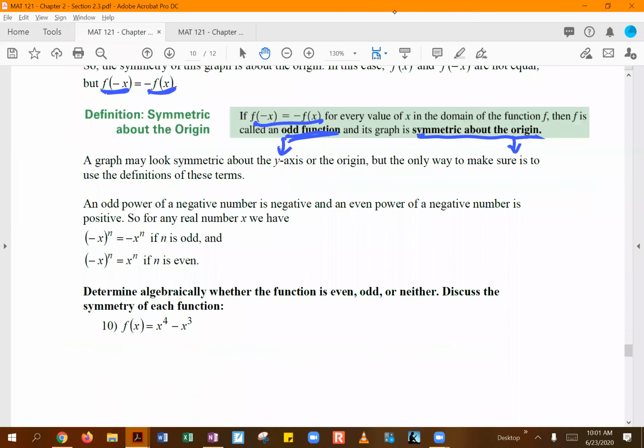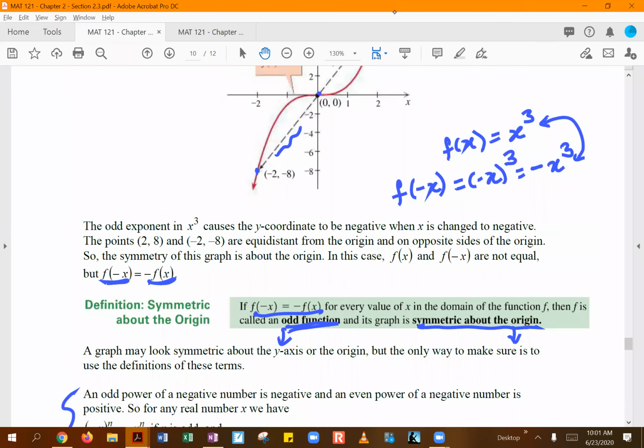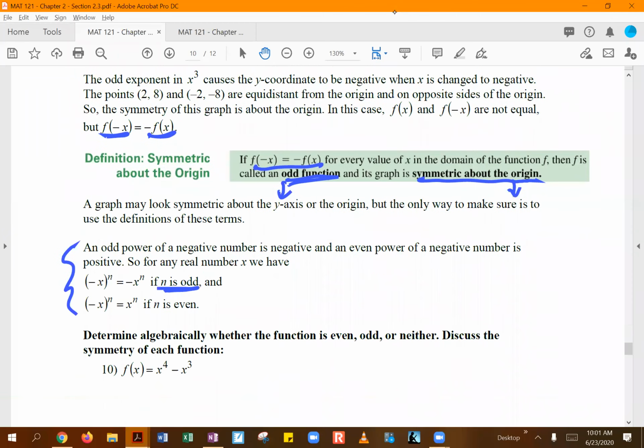Okay? And this little part here is just talking about, if you can remember, anytime your exponent is an odd number, you will always have a negative sign left behind. So if you did, like we did here, negative x to the third power, that 3 is an odd number, so we had a negative sign left behind.